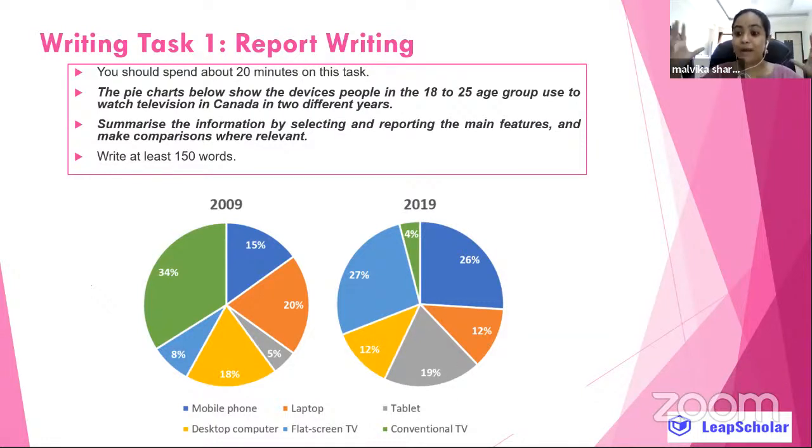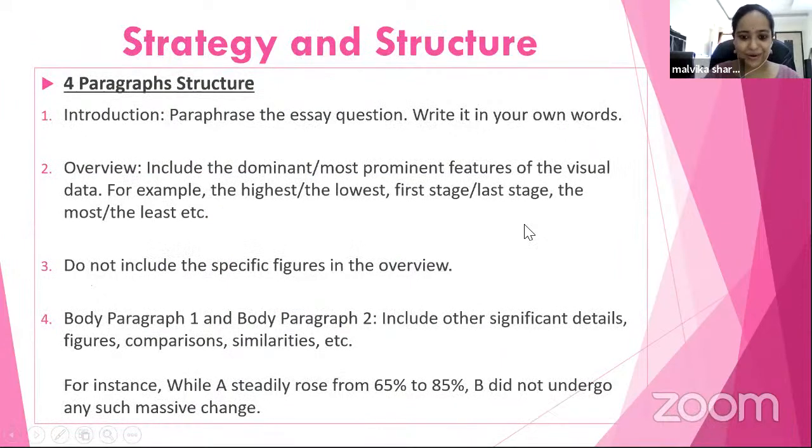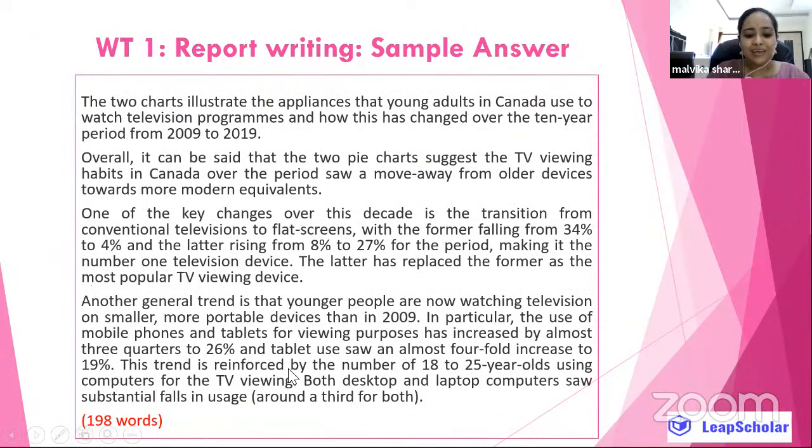Yes, it has grown massively, hugely, almost a fourfold increase. So that is how we show a massive change, fourfold increase. Such phrases and language should be in place. Okay? So coming back to the answer, it saw an almost fourfold increase to 19%.